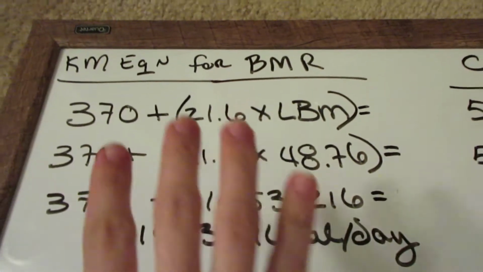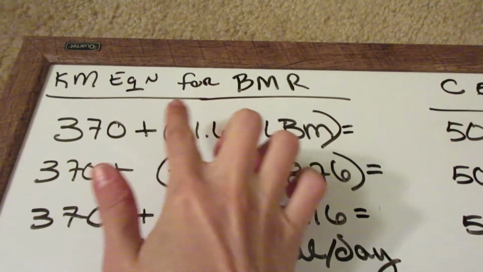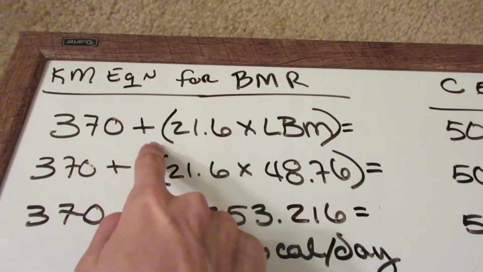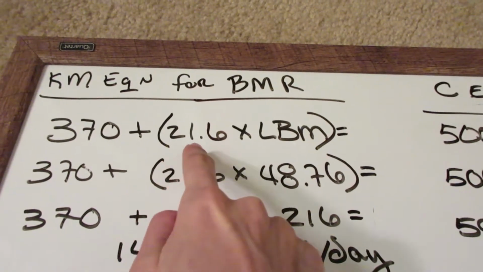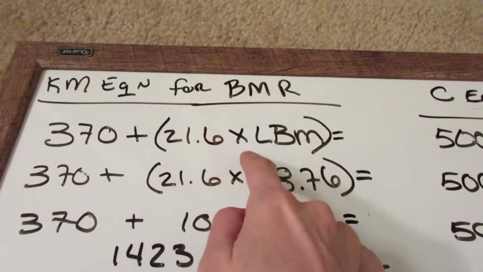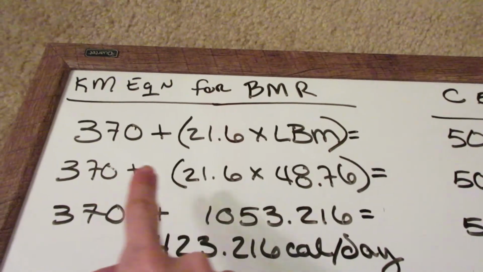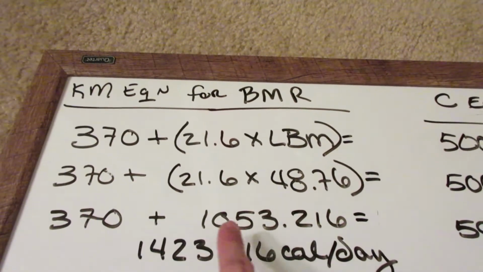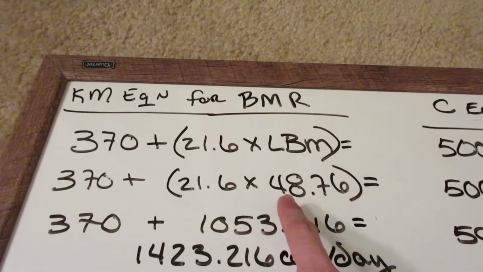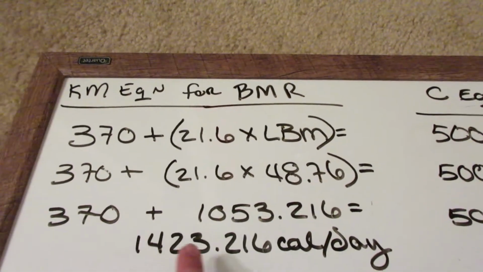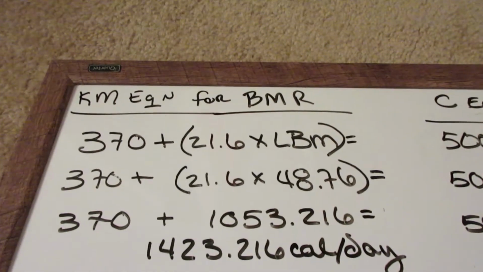So as far as the Katch-McArdle Equation for BMR, it says to take 370 plus, parentheses, 21.6 times your lean body mass in kilograms. Make sure that you note that that's in kilograms. So I went ahead and did that math for you here. 21.6 times 48.76 in kilograms, and then plus the 370. Here's what I came up with.